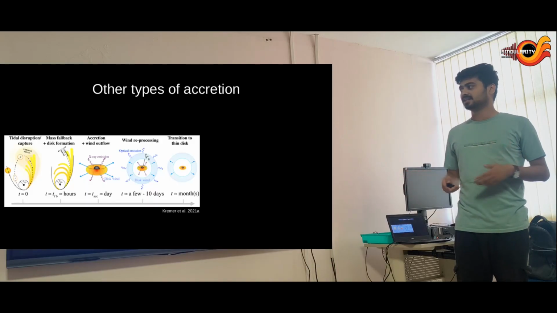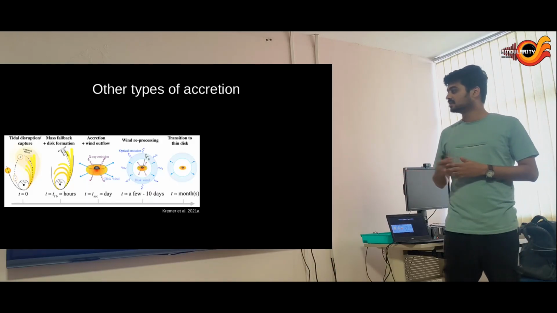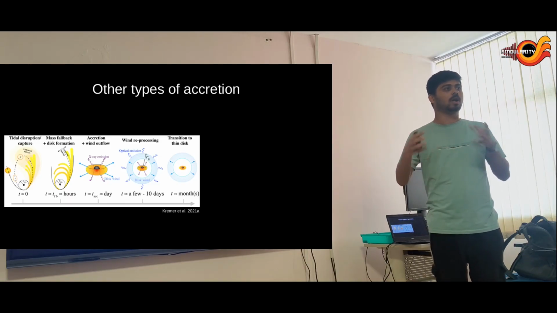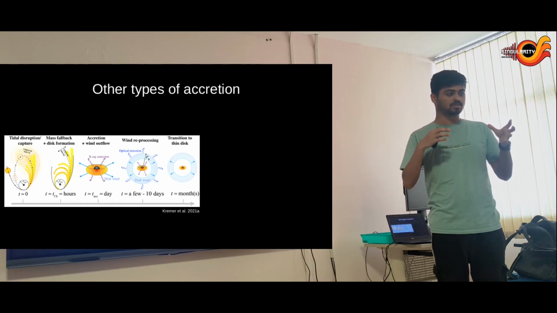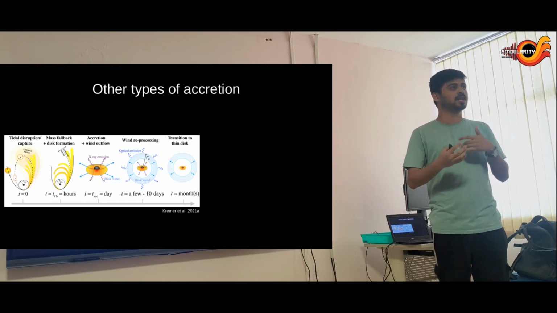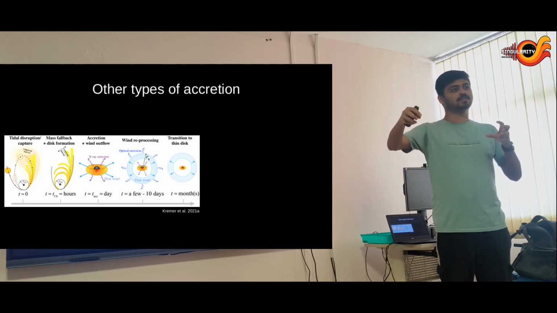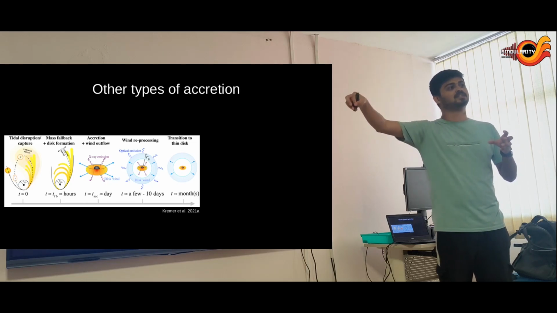There are other ways accretion can happen. This one is a tidal disruption event. The orbit of an object is elliptical, like Kepler's law says. That means there is a point of closest approach and a point of farthest approach.